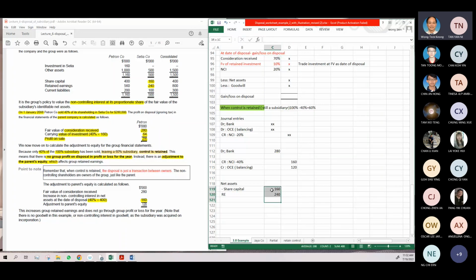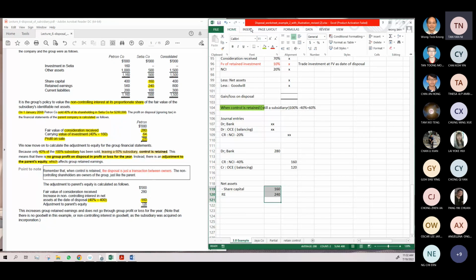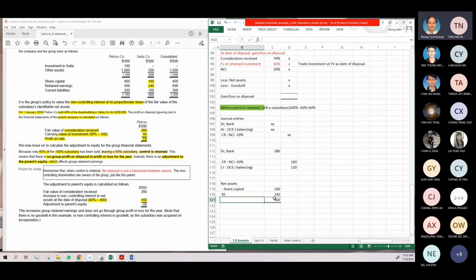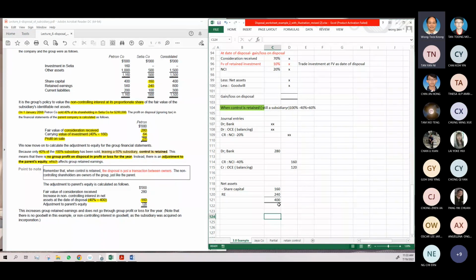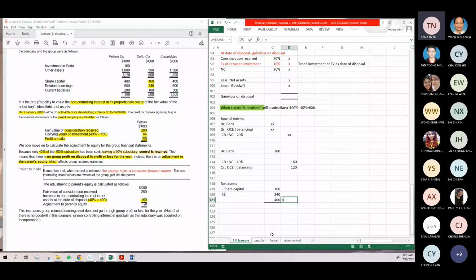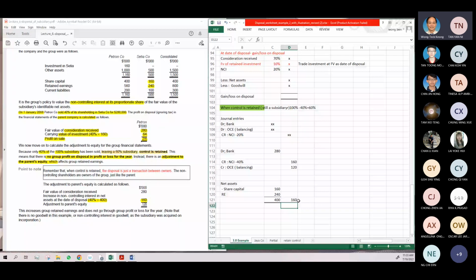We add up these two, so total net assets up to here, understand? Net assets 400,000 from here. Then we want NCI, we times 40% here, 160. Remember, you compute your goodwill using the same method.